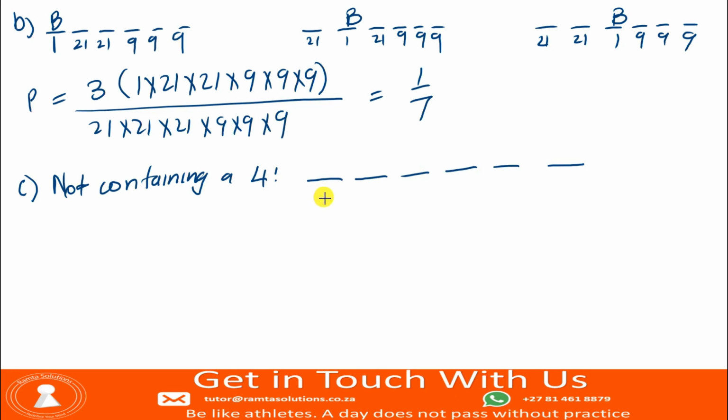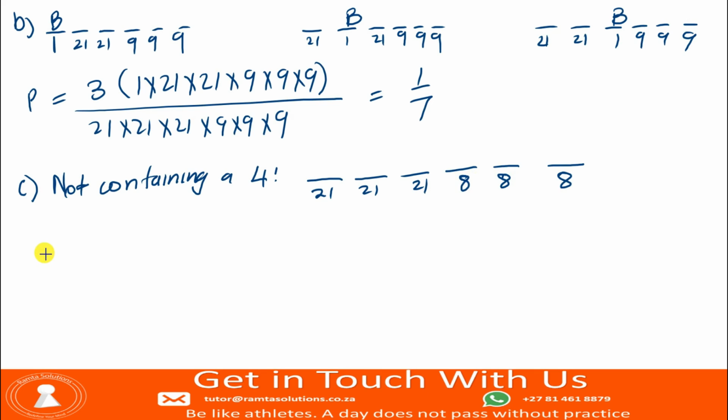So the letters are repeating, and so are the digits. So we have 21 letters, 21 letters, 21 letters. But if they don't contain the number 4, remember it's number 4 now and 0, so they are no longer 9, but 8, 8, 8.